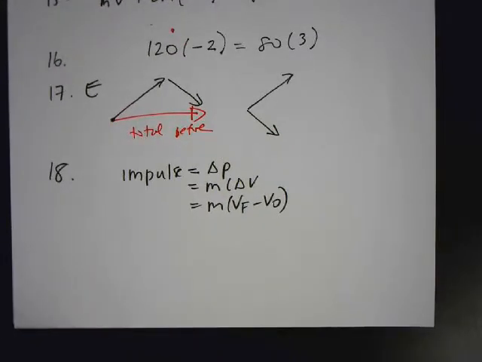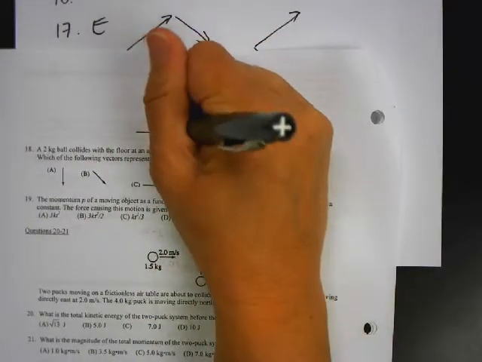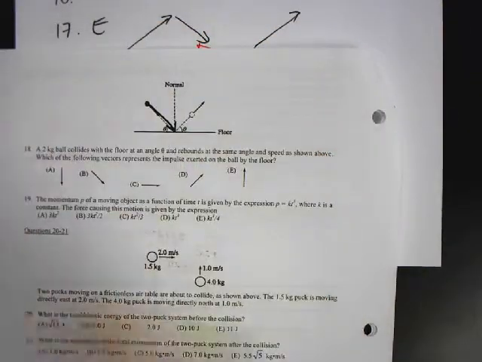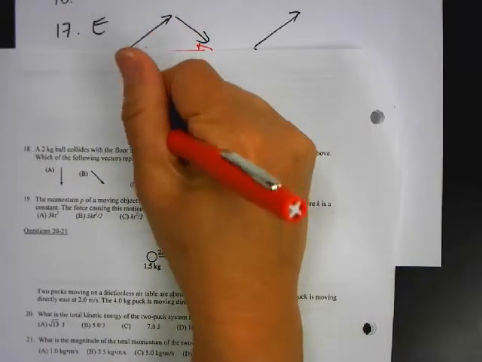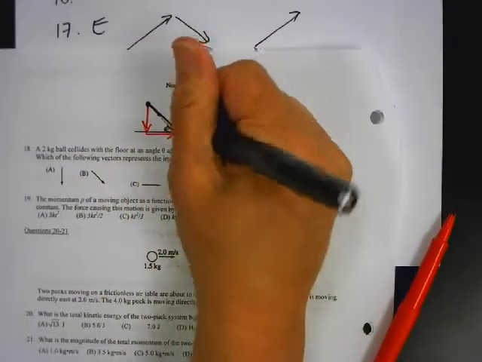What is this 18 even asking? So if you look at the two, when the ball hits, here's my initial one, right? The components of this one, this is the y component and this is the x. Here's the other vector.